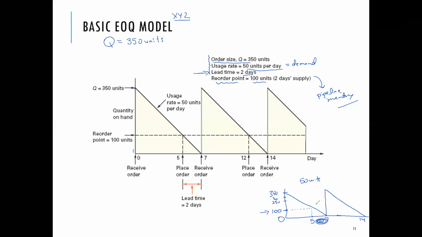Then the cycle will keep on repeating. On day 12, you'll place your second order, and then 7 days after, which is day 19, you'll place your third order, and so on. So this is the core example that we will keep on using in developing a basic understanding of our EOQ model. Let's move to the next slide.